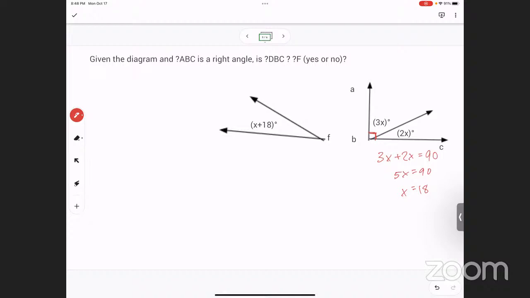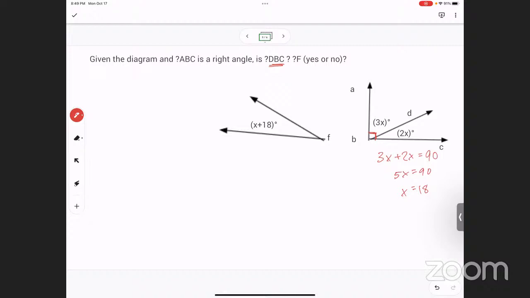ABC. So F is DBC. I still don't get what the question is. Is DBC? Where's D at? It says, is DBC something, oh, wait, sorry, this is my fault. Oh, is it equal to F?